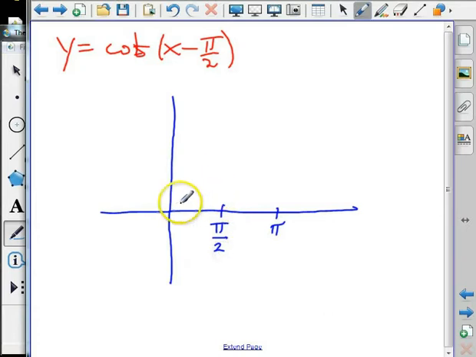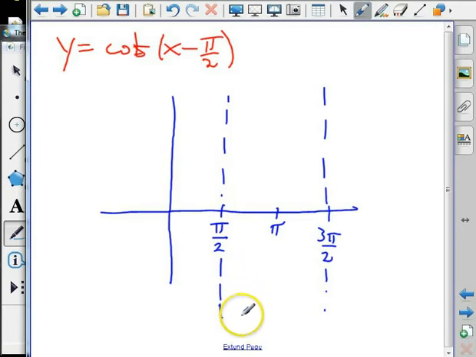But everything's going to be shifted to the right pi over 2 now. So instead of having an asymptote at 0 and pi, I'm now going to have an asymptote at pi over 2 and 3 pi over 2. And remember that cotangent is the reciprocal of tangent, so instead of increasing as tangent does, we will decrease. And that is how you graph tangent and cotangent.